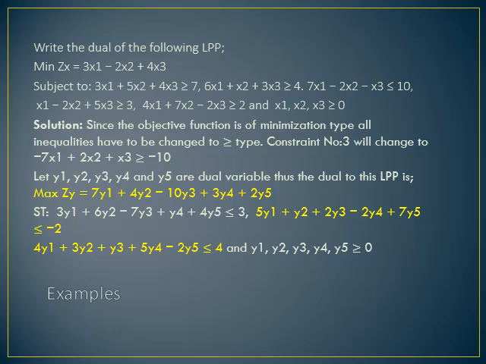Check: the number of constraints in the dual, 3, equals the number of the decision variables in the primal.